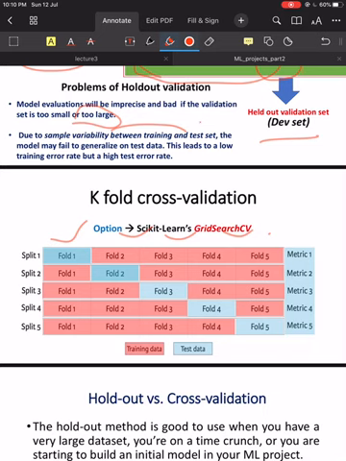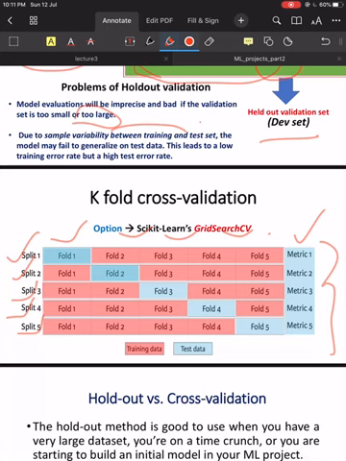For every split we get a performance measure, for example accuracy or F1 score, whatever is relevant to your task. So for 5 splits you get 5 different performance measures. Finally, we average out all these metrics of the model, and you get a much more accurate measure of the performance.